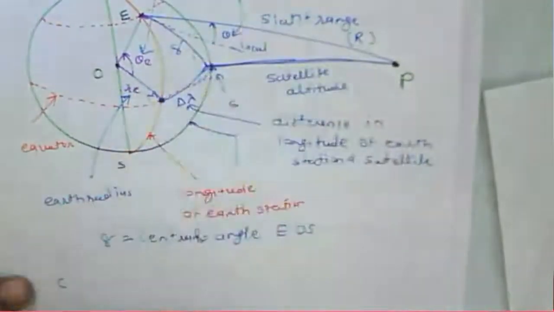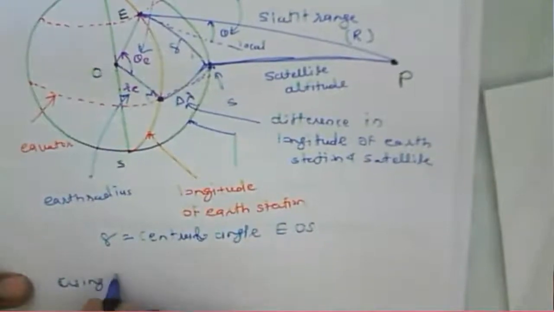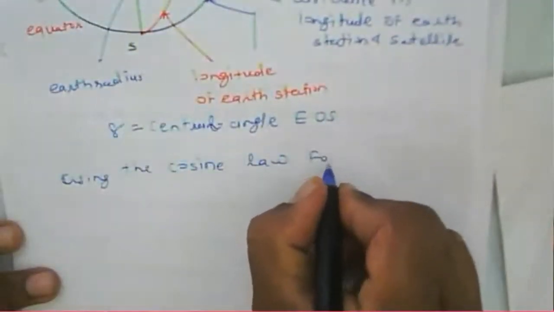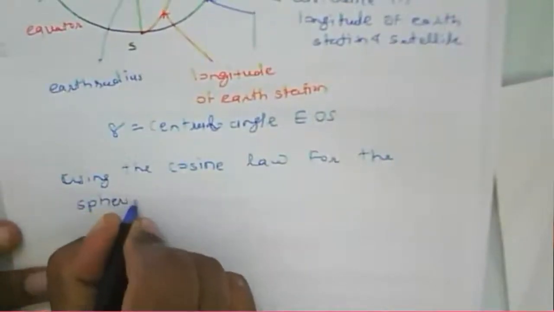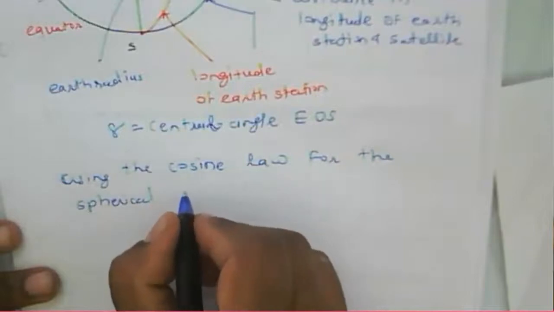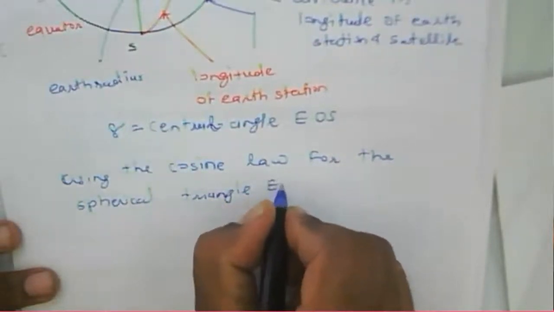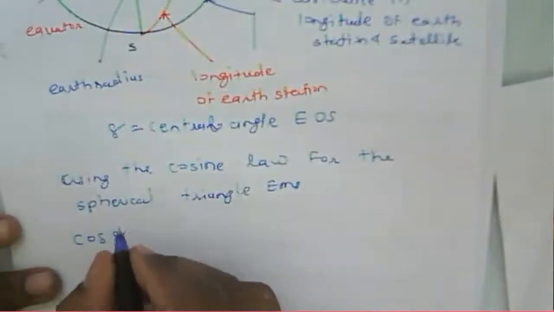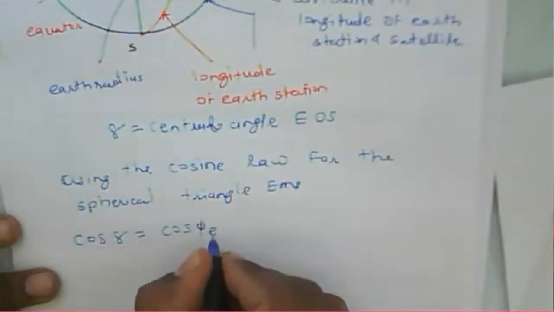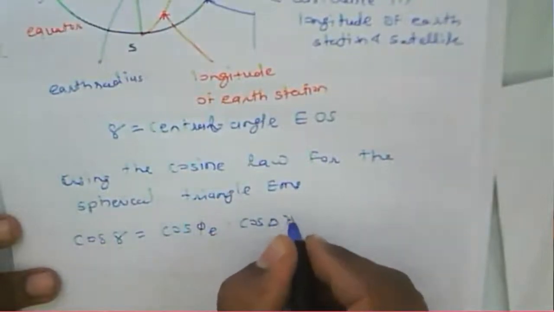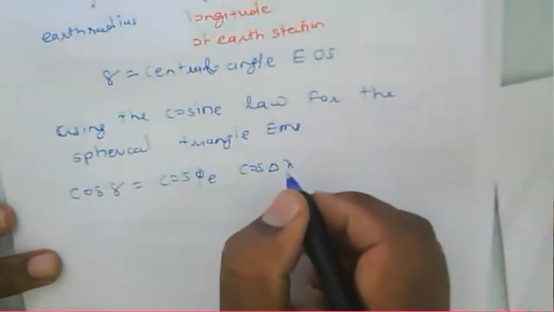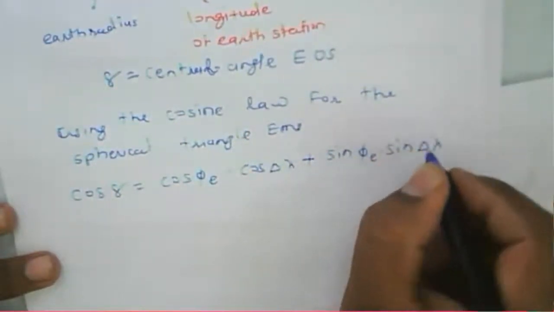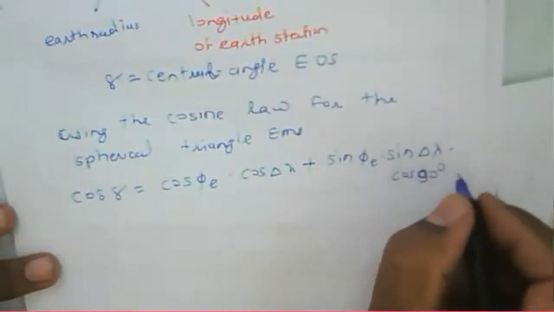E, M, and S. Using the cosine law for the spherical triangle EMS, we can find the cos of the central angle, which is cos of phi E into cos of delta lambda, plus sine of phi, sine of delta lambda into cos of 90 degrees.